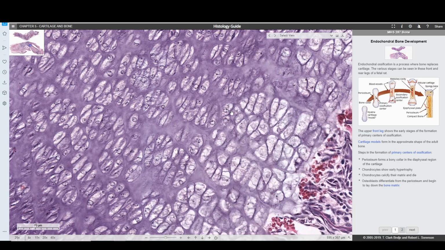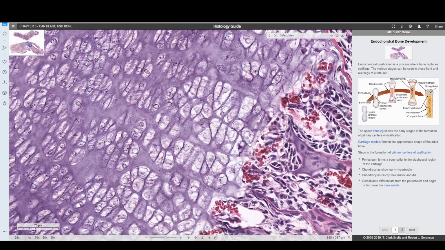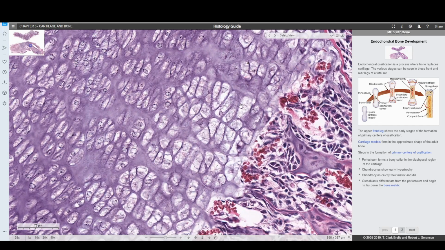This is the zone of hypertrophy where we can still see the nuclei, and the last one is the zone of the calcified cartilage where we can see no nuclei present. Here the chondrocytes are dead, so all we can see is this empty lacuna, along with the high amount of ECM and matrix surrounding this lacuna.